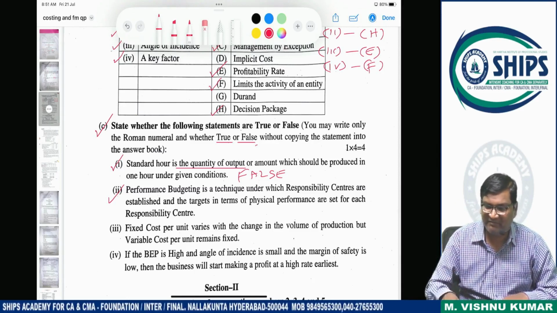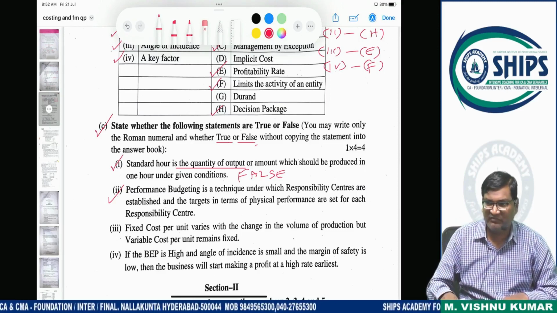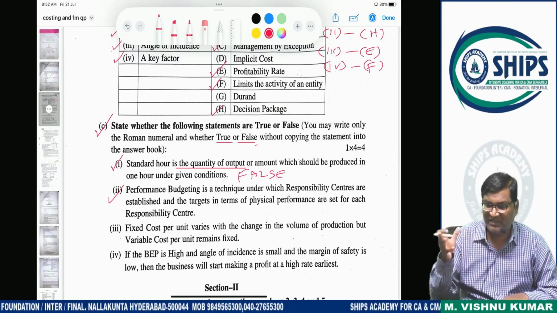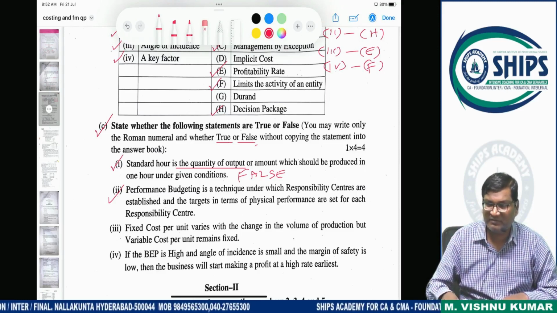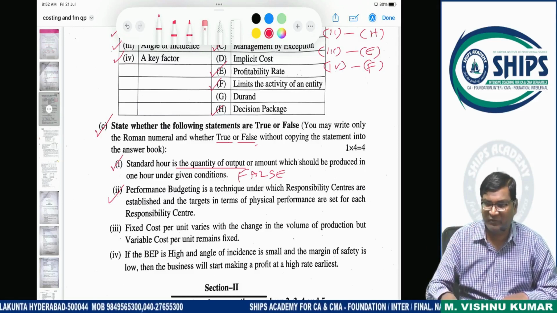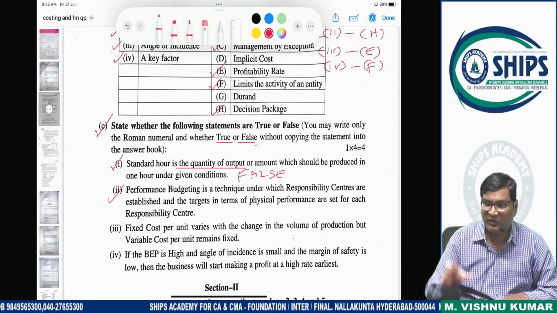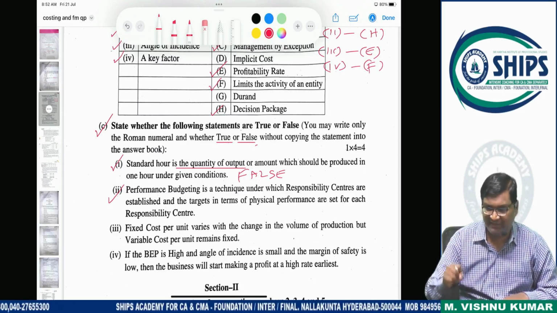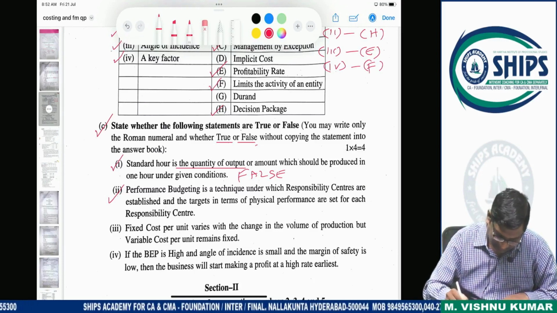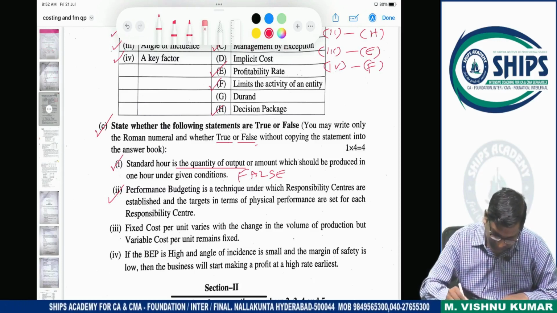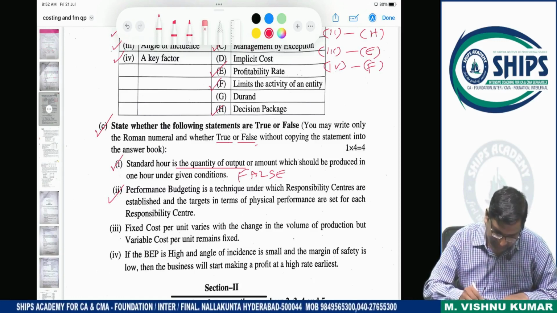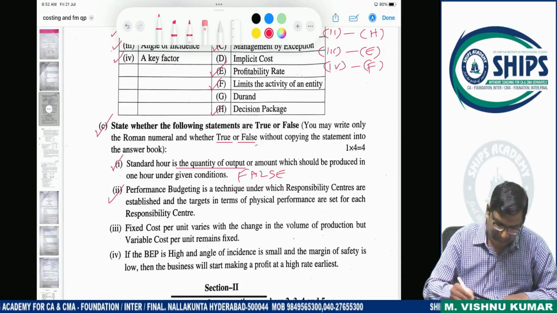This is done with one specific objective, that is decentralization. If functions are decentralized, then functions will be executed in a systematic way and workload will be shifted from one person to different persons. So it will be easy for the organization to control the activities and to achieve the target. So here also the same is tested. The responsibility centers are established and targets in terms of physical performance are set. So this is true.